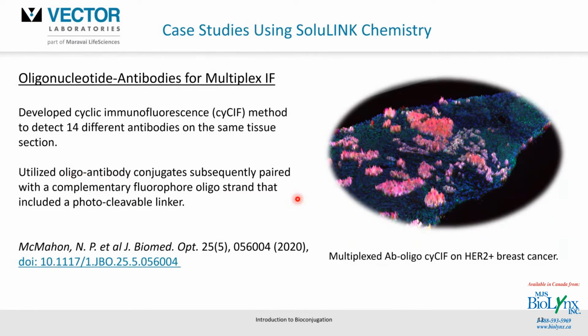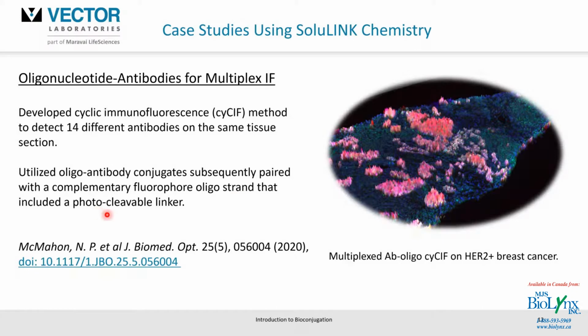So there were not subsequent incubations of separate antibodies. It was 14 antibodies with defined, unique oligonucleotides on the tissue at the one time. And then they put on a complementary fluorophore oligo strand and did some visualization and identification with that.